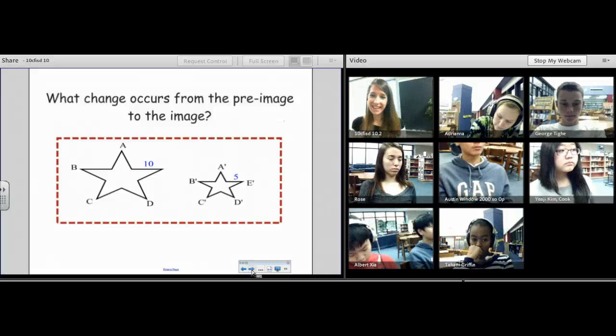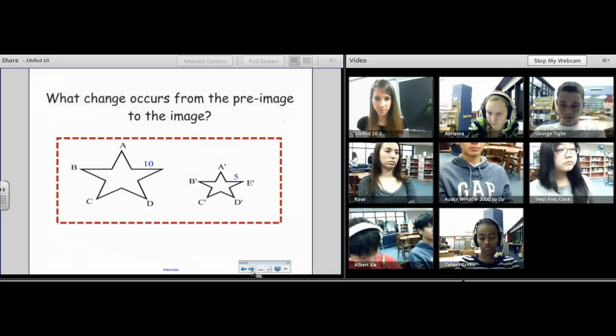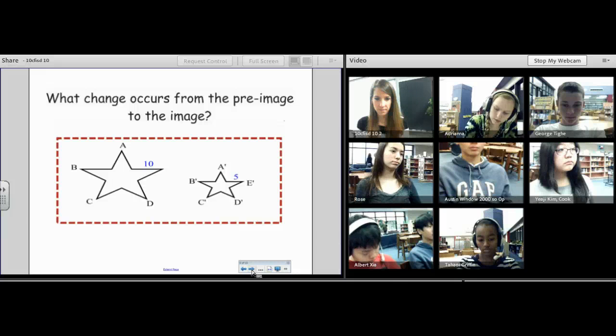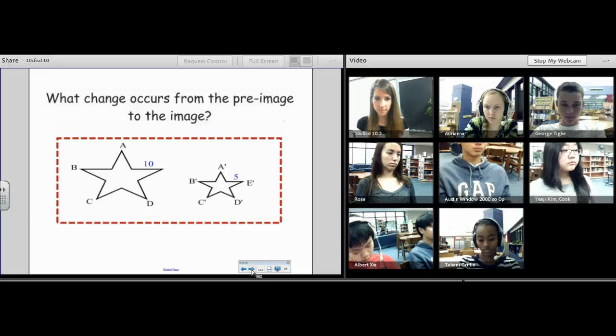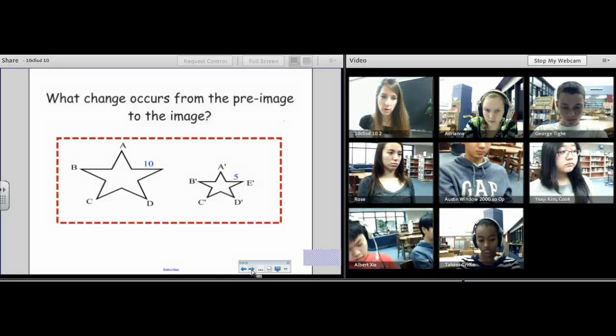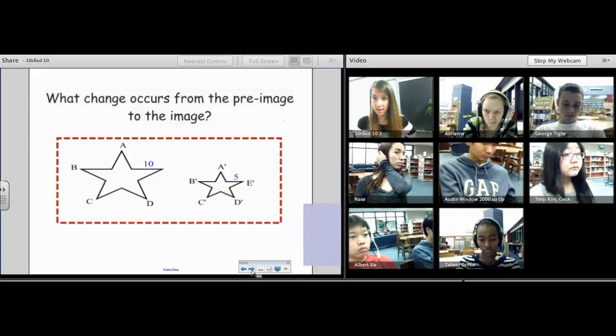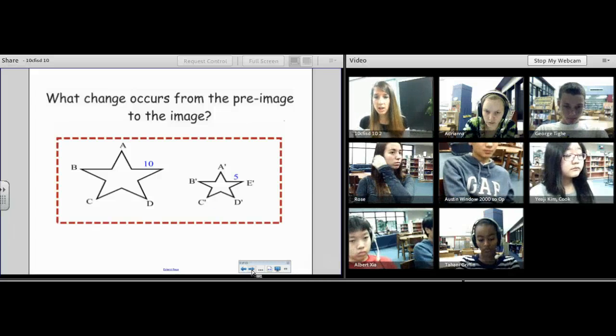Okay. I know, it's ridiculously easy. It's silly. So what happened? How do we know which one is the image and which one's the pre-image? You didn't miss a whole lot, Helaman, but I'm recording so you can watch it if you need to. Yeah, so the prime tells us that that is definitely the image. Is this an enlargement or a reduction?